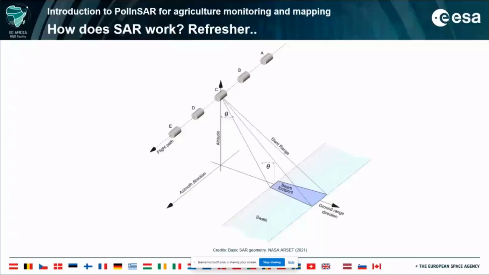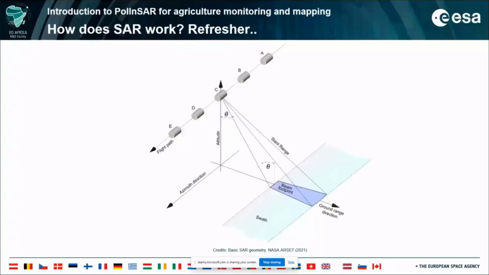It sends microwave pulses at an angle to the side of the path, and the energy that bounces back, called backscatter, is recorded. The time taken for the pulse to return helps calculate the distance to the target, called the slant range. This distance is used to organize the radar signal into cells, allowing detailed imaging. That is how the SAR image is produced.